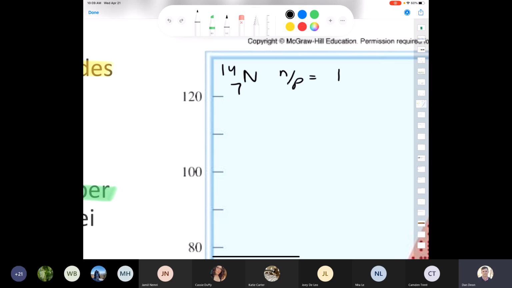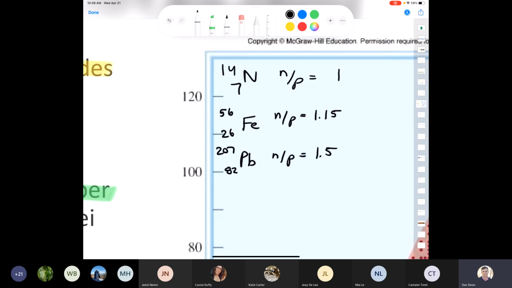If we were to do the same thing with iron-56, iron is element number 26, the ratio of neutrons to protons here is going to be equal to 1.15. And if we try the same thing with an even heavier nuclide, like lead-207, lead is element number 82, then the ratio of neutrons to protons is even higher.